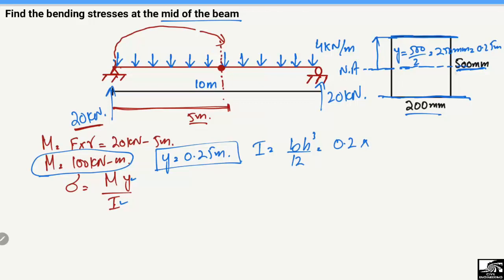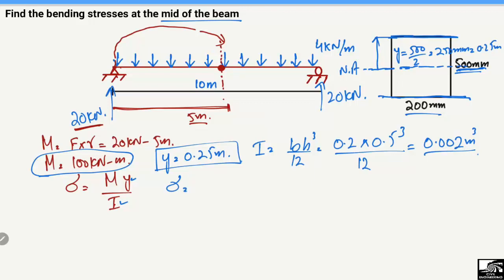This is the whole h, which is 500, or 0.5, cubed, divided by 12. So we find the moment of inertia for this beam cross section, which we got as 0.002 meter to the fourth.